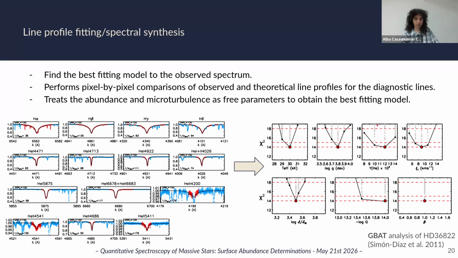Here I'm including an example from the GBAT code doing an analysis of the same B-type star as before. And we can see how it finds the best fitting model for the observed spectra of a list of diagnostic lines, in this case, hydrogen and helium. And it's finding the minimum chi-square for the different parameters by comparing to the different spectra of the grid.